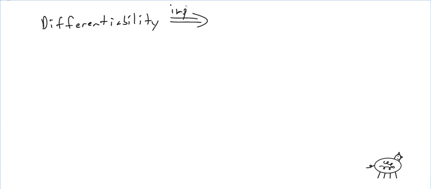But basically, what I want to say here is about differentiability. If it is differentiable, this means it implies continuity. Of course, right? If it's differentiable, it's got to already be continuous.